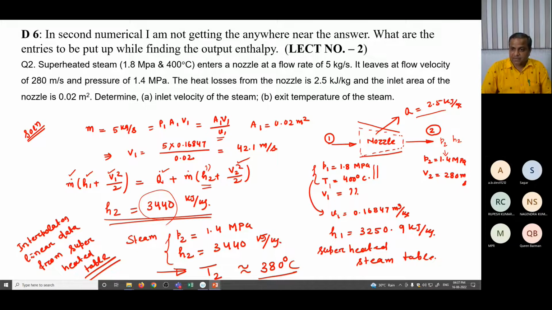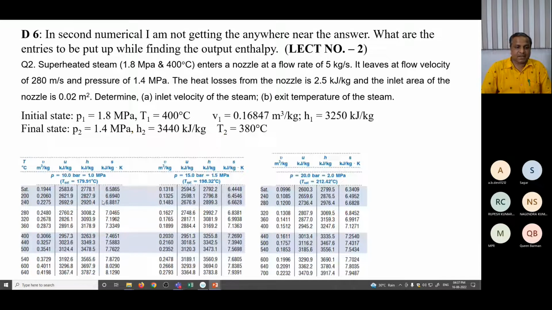In fact, in both the cases, exit condition and inlet conditions both have superheated data. Here I have taken extracts from a steam table book to show how you get it. The initial state in this case is 1.8 megapascal, T1 is 400 degrees centigrade. In one of the books, the data may be available at 1 megapascal, 1.5 megapascal, 2 megapascals.